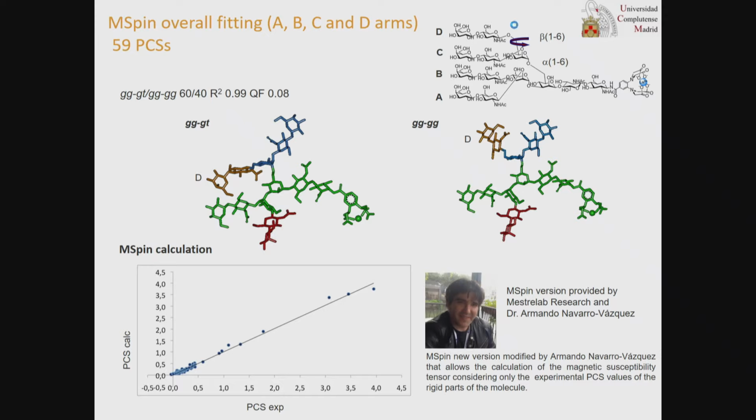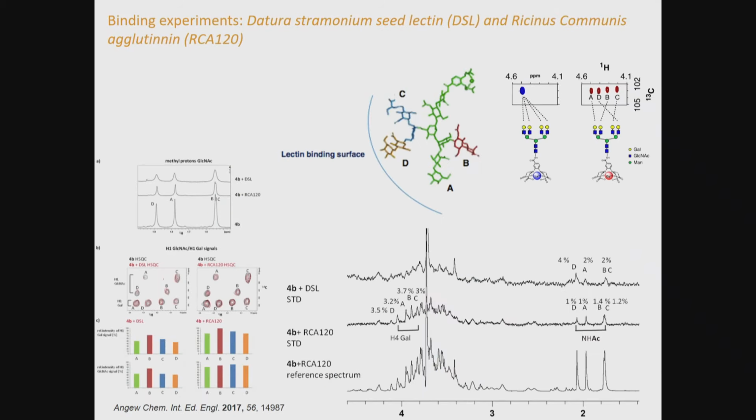In the standard structures, you usually don't have this additional beta-1,6 branch. A lot remains to be done. This is just starting, but it seems to be related to several tumors.